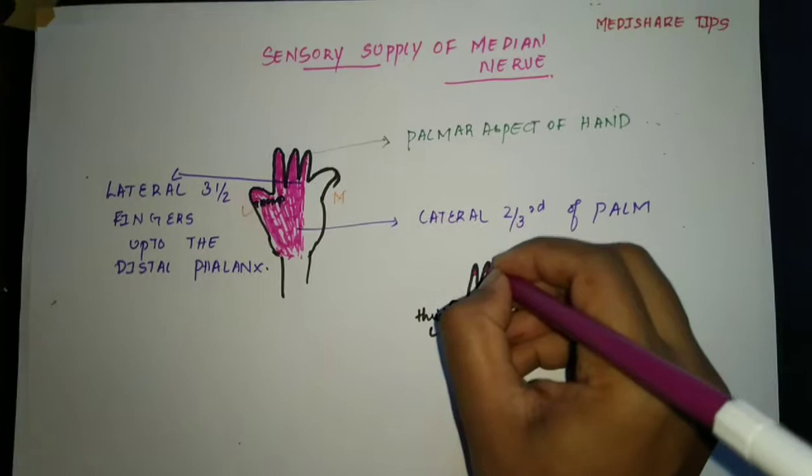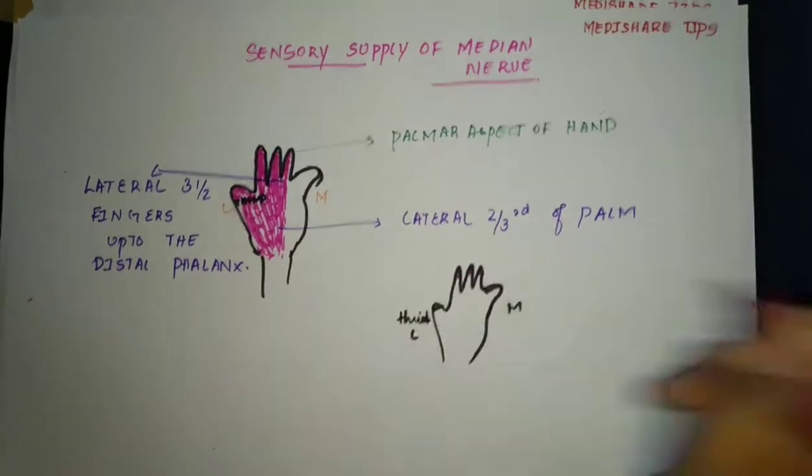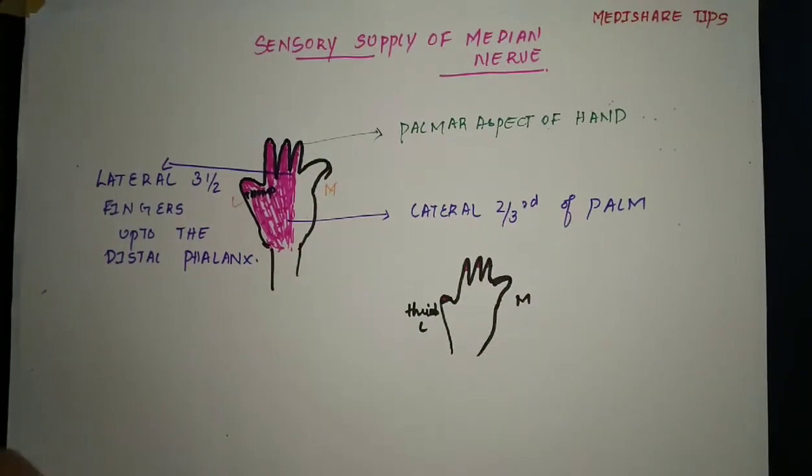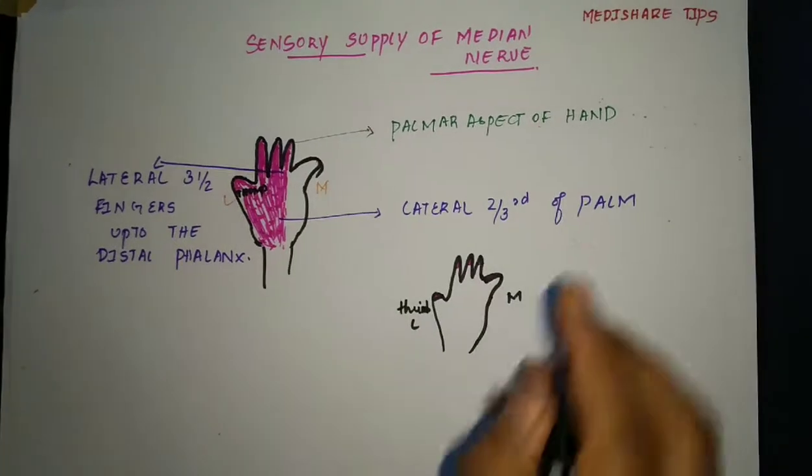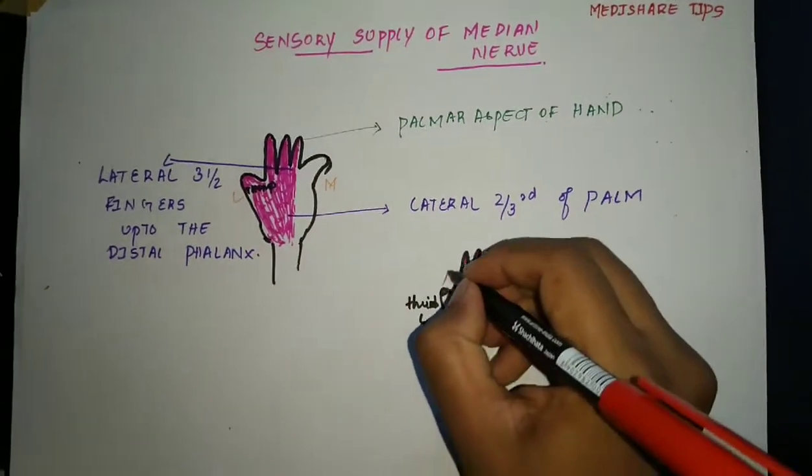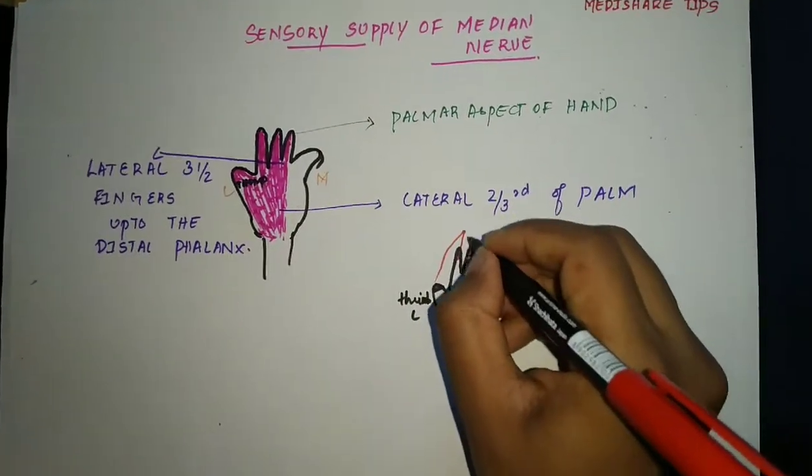So this much part is supplied by the sensory branch of the median nerve.